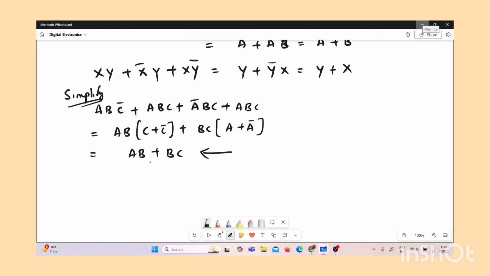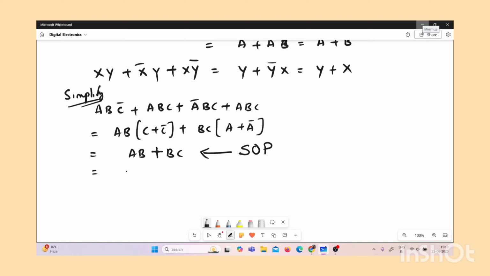So here the final expression you are getting has one product term and another product term. You are adding those two product terms, you are summing up those two product terms. That means the answer is in terms of SOP, sum of products. You are having two product terms, you are adding them, so the expression is called SOP format.